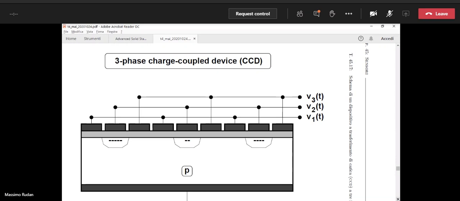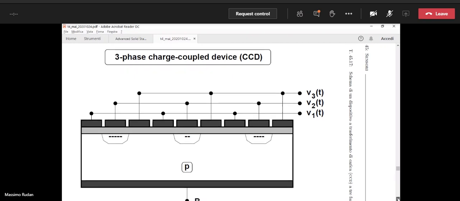Okay, the idea in the charge-coupled device is to use the phases to move the packets of electrons along the CCD and bring them to, for instance, the right end of the device and read them somehow with a reading device. Okay? So the issue now is to move the packets.